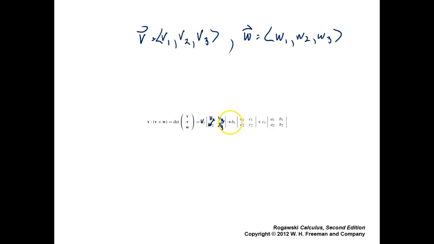I'll leave the minus sign for now. I don't like it. V2, V1, V3. This is W1, W3.